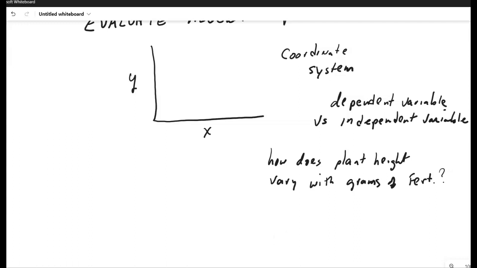Let's look at our graph. And this would be height, and this would be grams of fertilizer. And maybe with 0 grams of fertilizer, and let's say maybe up to 20 grams of fertilizer, and you're looking at one plant, you might see some data that looks like this.